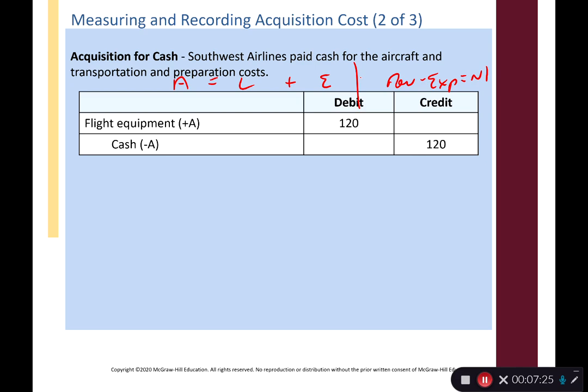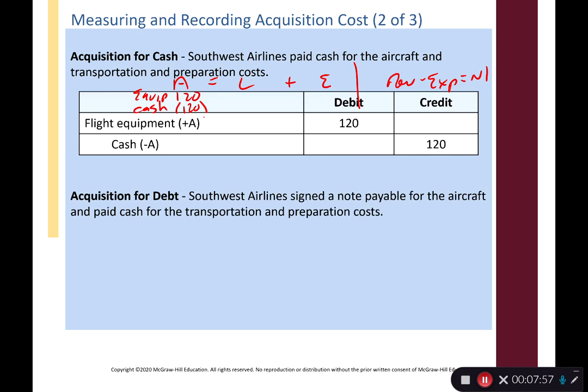If we paid $120 cash for the equipment and any transportation and prep costs, our equipment goes up $120 and cash goes down $120. Remember, we don't think in terms of debits and credits, we think in terms of up and down, and then we convert it using our conversion guide. So equipment would go up with debits and assets go down, cash with a credit.